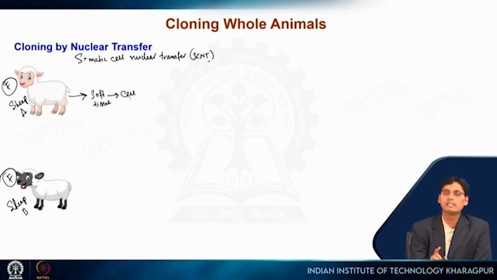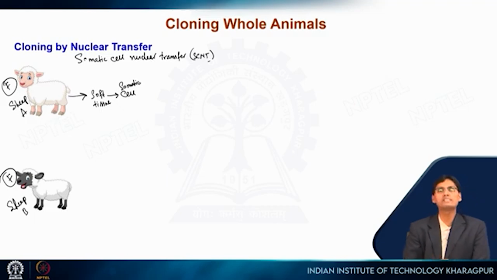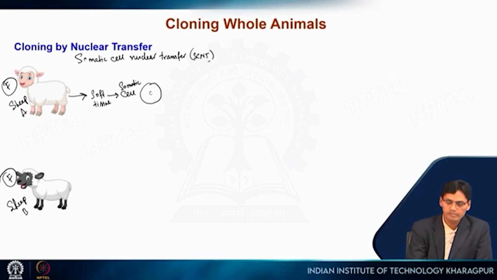Not egg cell, not sperm cell, this is a somatic cell. Somatic cell means any body cell. Therefore, it will contain the whole genetic information. As you know, sperm and ovum, egg, have half of the information, right. But in this case, the total set of chromosomes, the diploid number of chromosomes, should be there in this somatic cell.